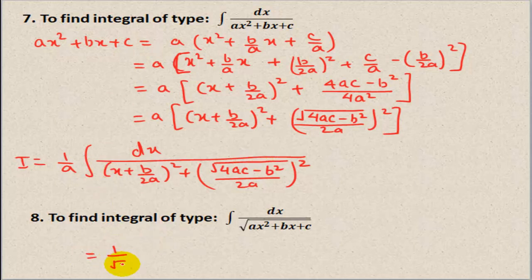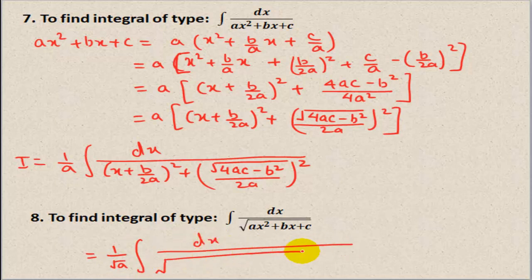So it will become 1/√a ∫ dx over √((x + b/2a)² + (√(4ac − b²) / 2a)²).